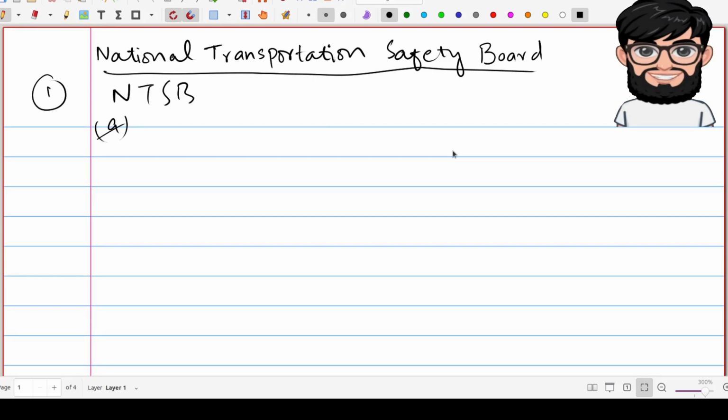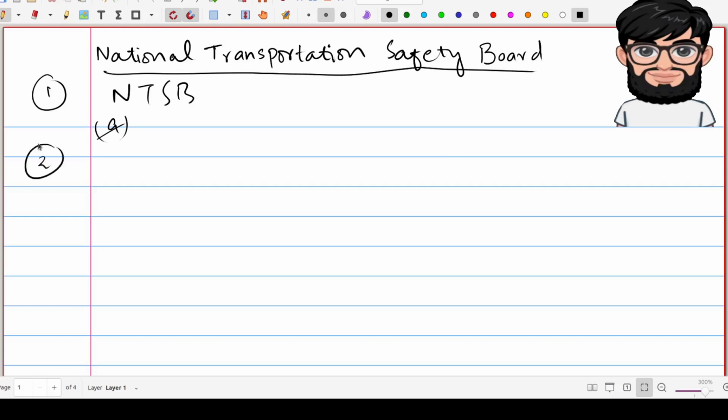And the last one is complete loss of information. Basically, if there's a display on the cockpit and it's not displaying anymore, or at least 50% of it is not displaying, you gotta report that.